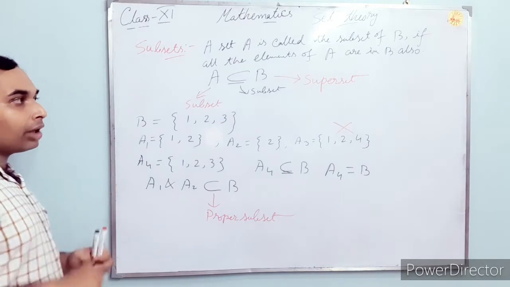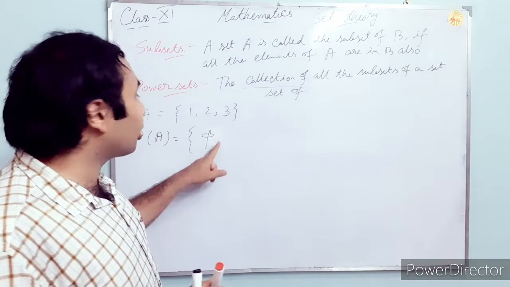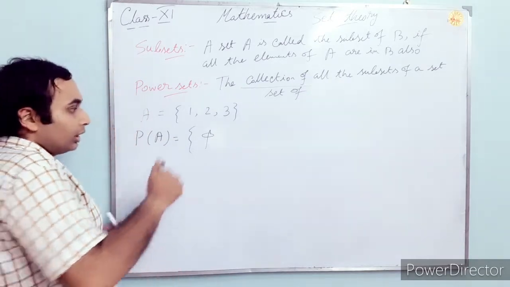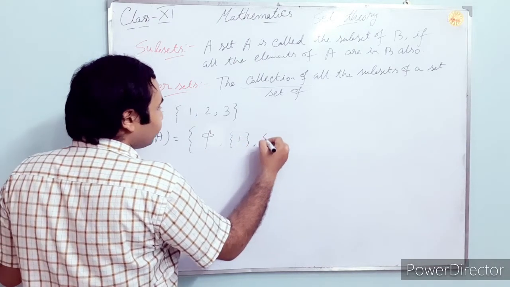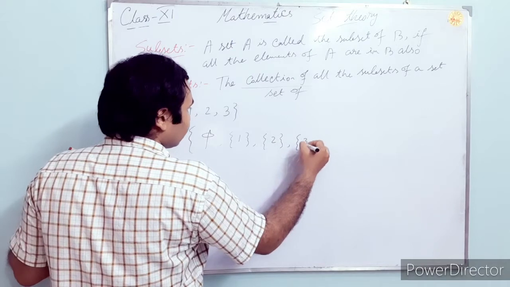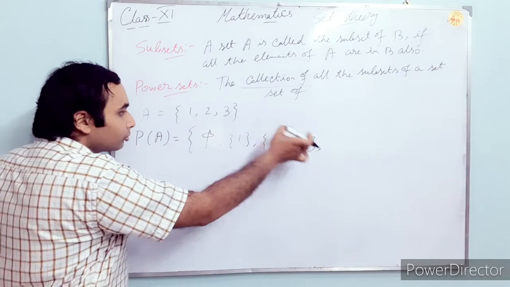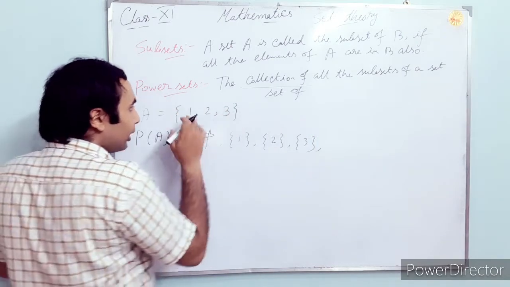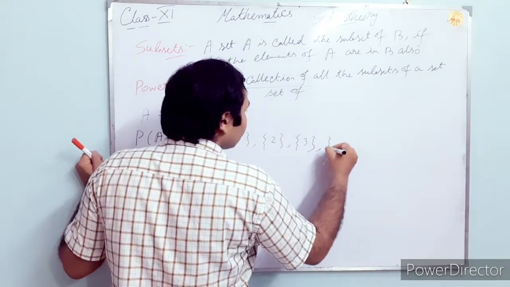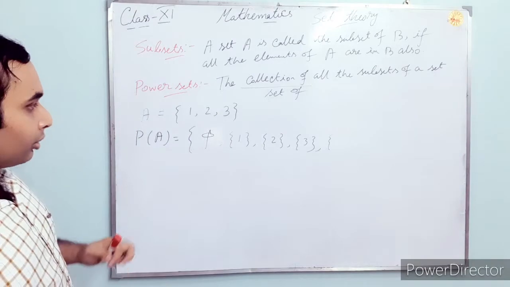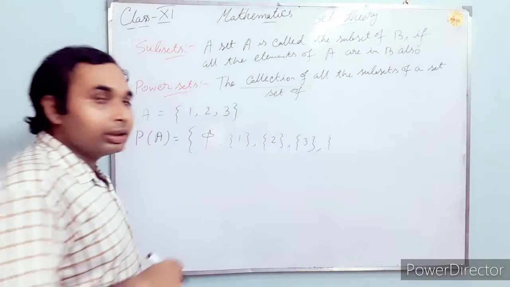Okay, so I think you have got the proper subset concepts. The empty set or null set or void set, phi, is a void set, then all the singleton sets will be there. Then the pairs, here three elements are there, that's why we can write like that. Otherwise it is very difficult to write all those pairs. The power set, I will show you, what is the number of elements in the power set.